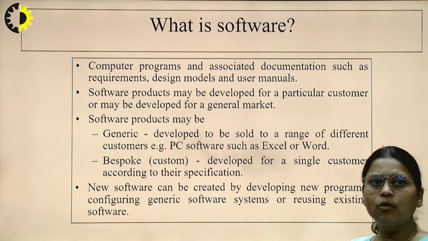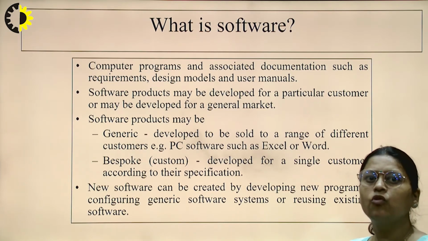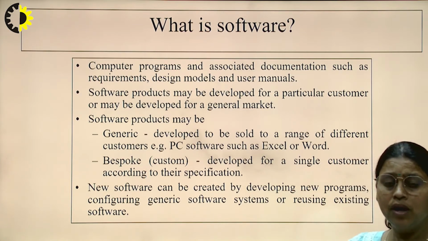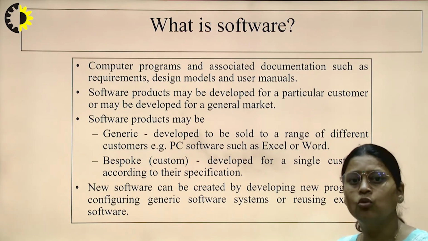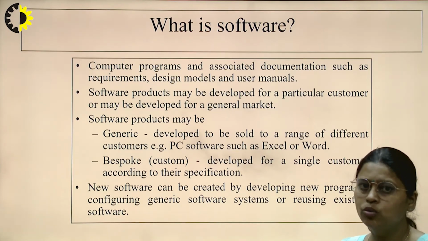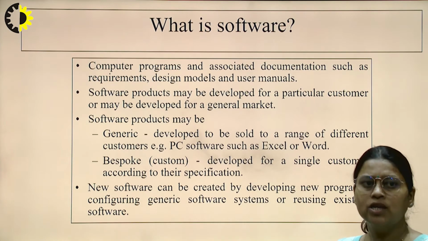Now, software products may be developed for a particular customer. One major thing we have to know about software is that software is basically of two types: one is generic software and the second is custom software.